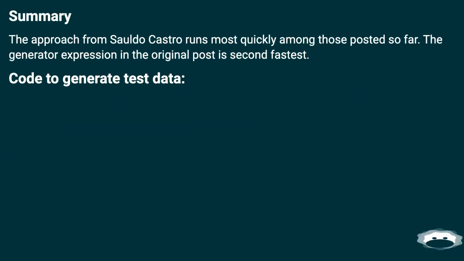Summary. The approach from Soldo Castro runs most quickly among those posted so far. The generator expression in the original post is second fastest. Code to generate test data.